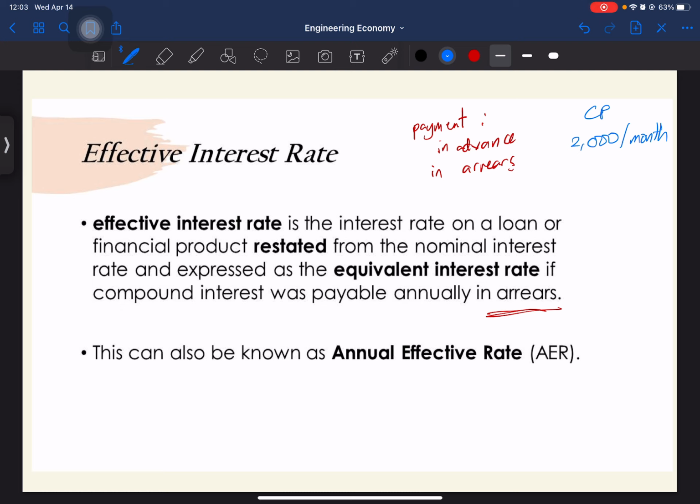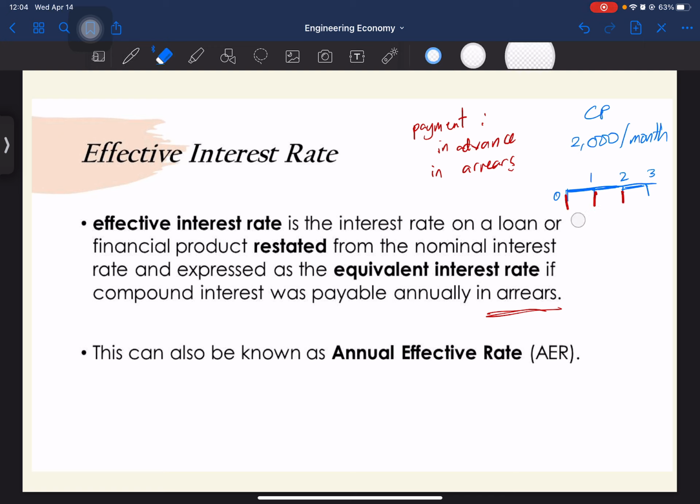So, ibig sabihin, this is January, this is February, this is March. So, when you pay in advance, yung payment mo for January is done on the beginning of January. Tapos, your payment for February is done on the beginning of February. And the payment for March is done at the beginning of March. Yun ang ibig sabihin ng pay in advance.